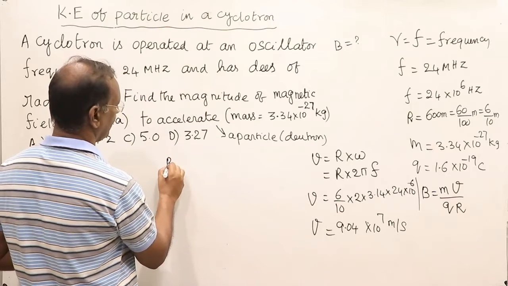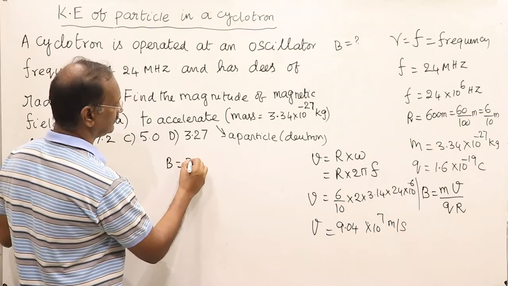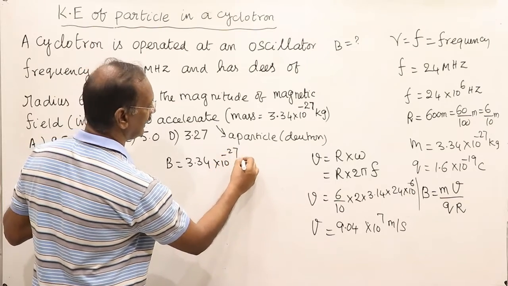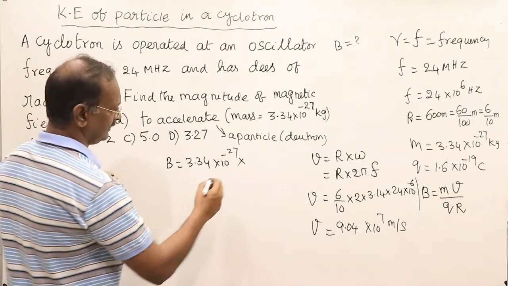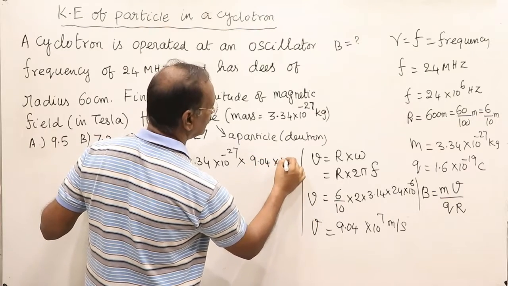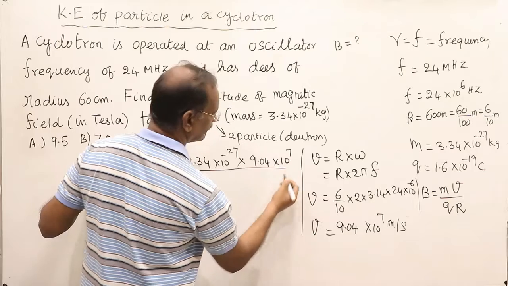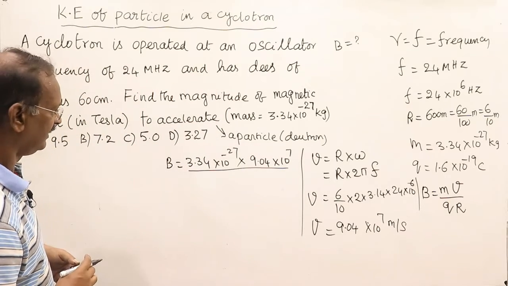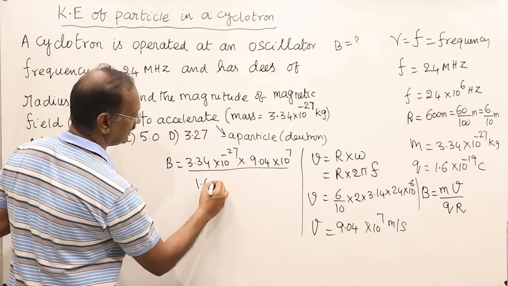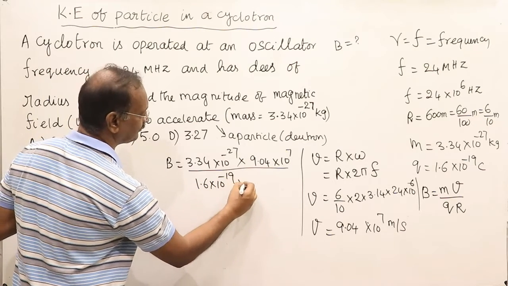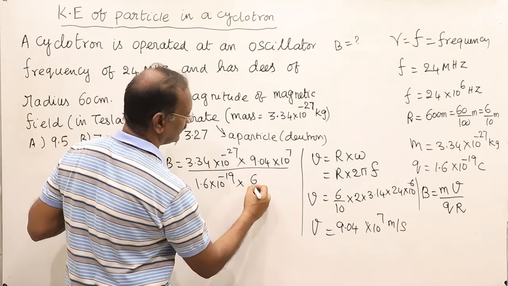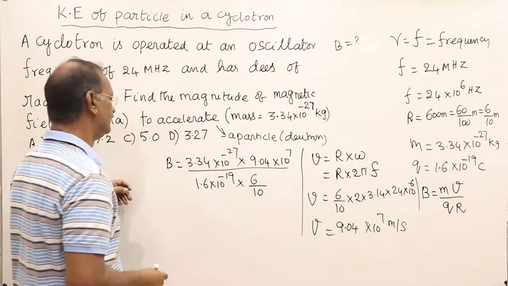Therefore B is equal to mass, 3.34 into 10 to the power minus 27, into velocity, 9.04 into 10 to the power 7, divided by q, the charge, 1.6 into 10 to the power minus 19, into r, the radius, 6 by 10 meter.